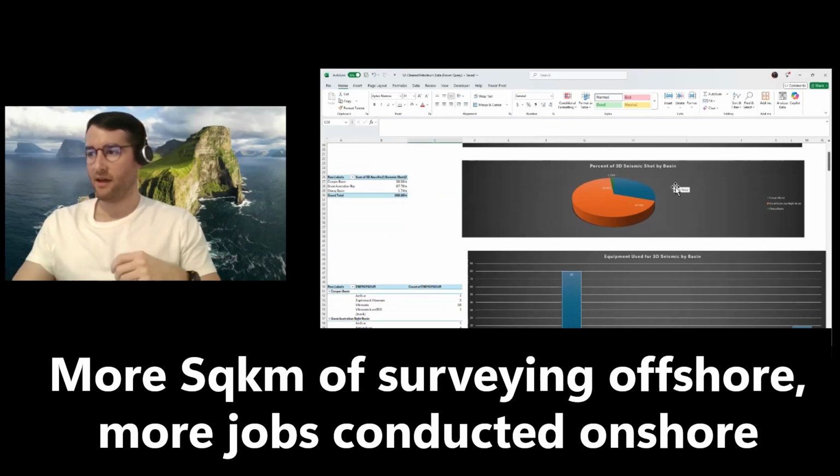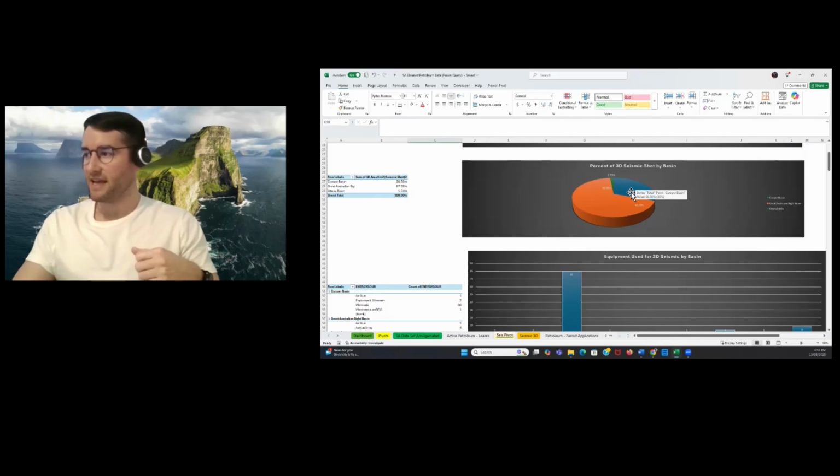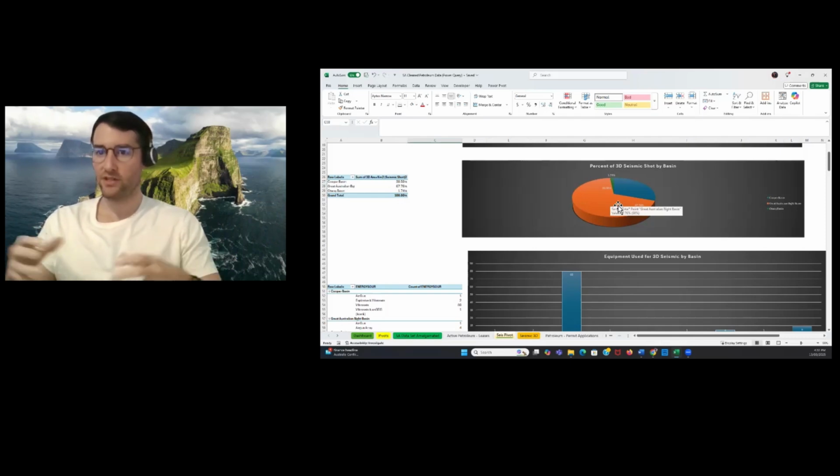Coming down here, the percent of 3D seismic shot by basin, we can see that the Great Australian Bight had the majority of that overall percentage of seismic, and the Great Australian Bight is offshore. So we know there's a lot being shot offshore in terms of area, whether that then correlates to more petroleum in the overall production phase.